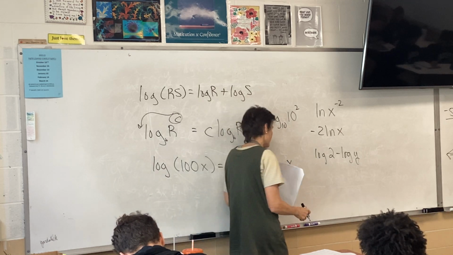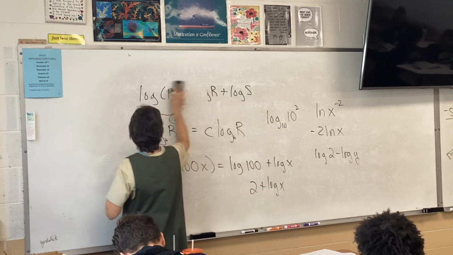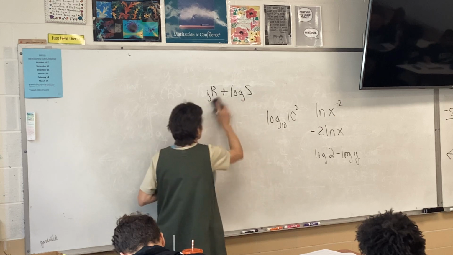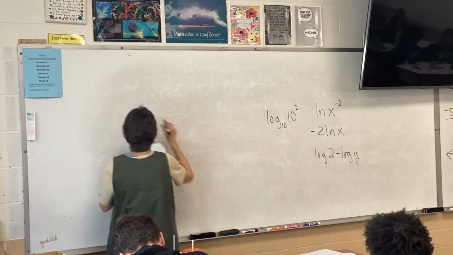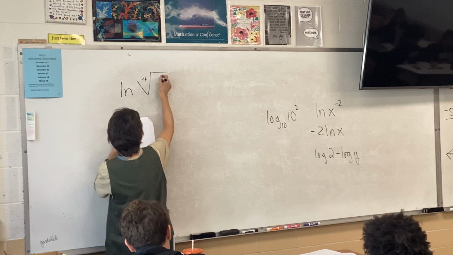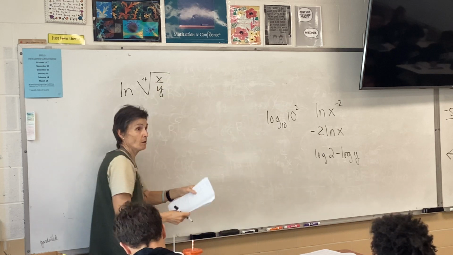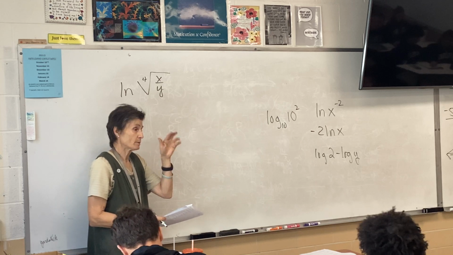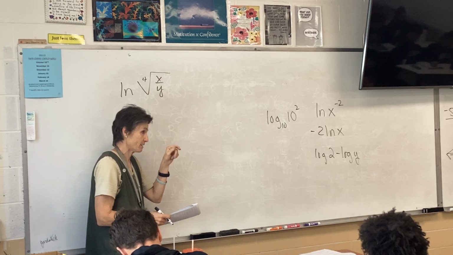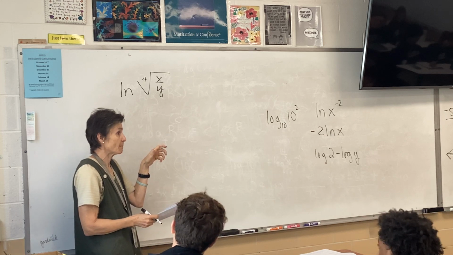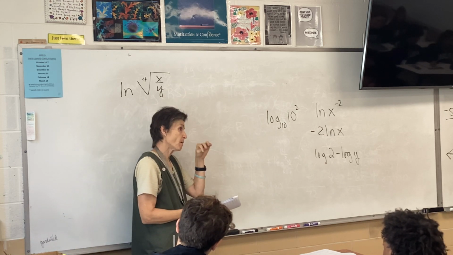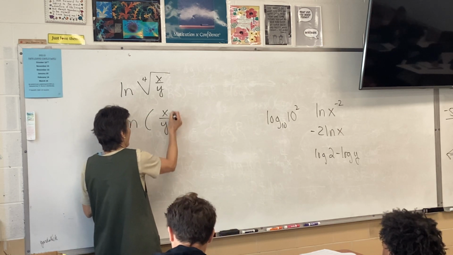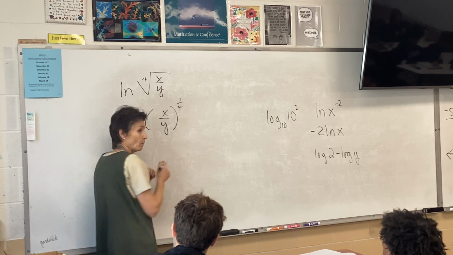Oh, what about D? What is going on in D? Well, first of all, radicals don't get along very well with logarithms. So every time I see a radical in logarithm land, I'm going to change it into an exponent. So this is the same as x over y to the 1/4 power.